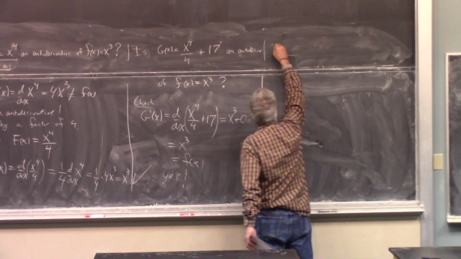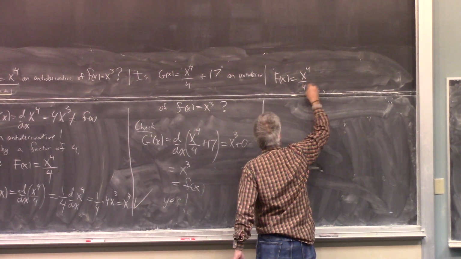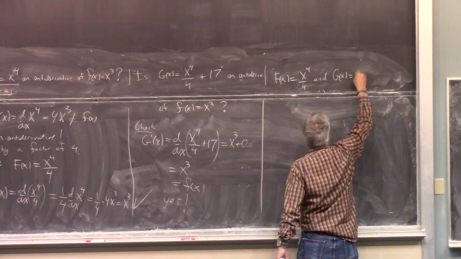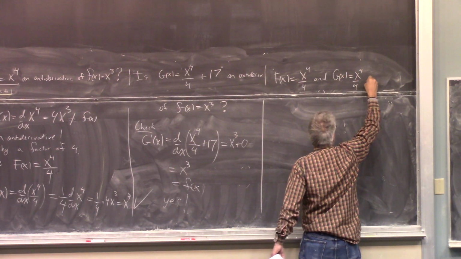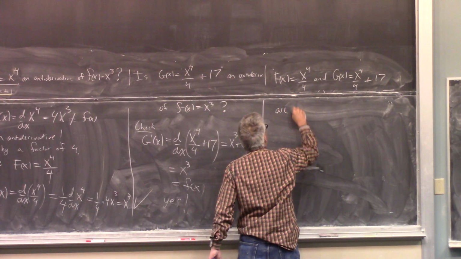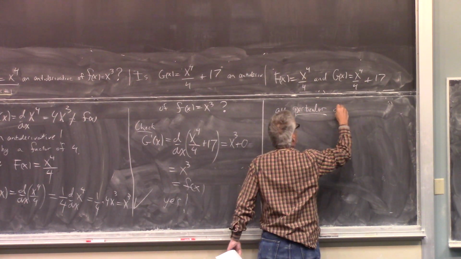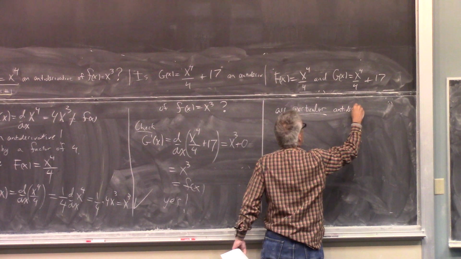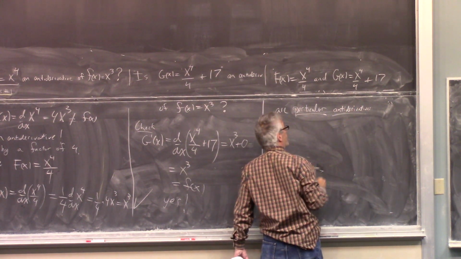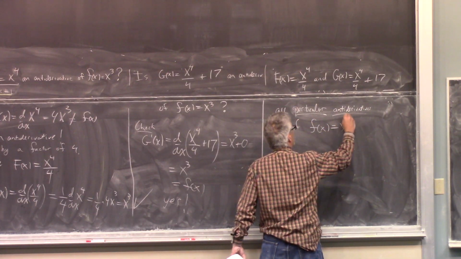So capital F of x equals x to the fourth over 4, and capital G of x is x to the fourth over 4 plus 17 are what are called particular antiderivatives of little f of x, which is x cubed.